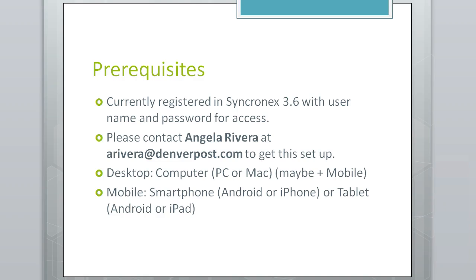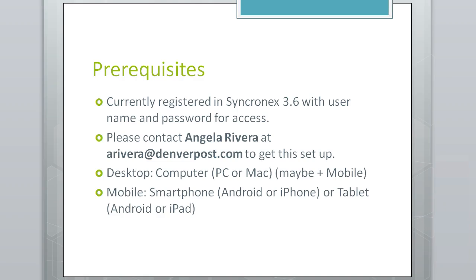There are a few prerequisites for you to meet before taking this course. You have to be currently registered in Syncronex 3.6 with a username and password for access. If you are not currently registered, please contact Angela Rivera at arivera@denverpost.com to get this set up.